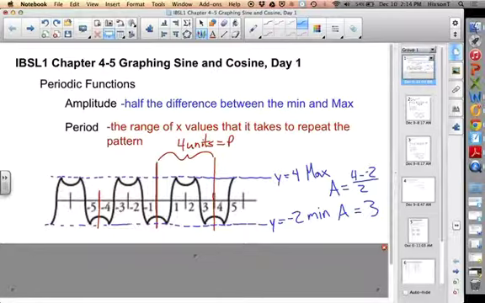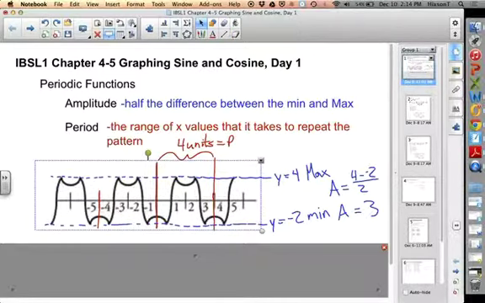Now this is one that people often forget to divide by 2. Because you think amplitude, oh, how tall is it? That's not exactly what we're talking about. We're actually talking about the fact that we could have this kind of central line going horizontally through it. And again, I know this isn't drawn to scale.